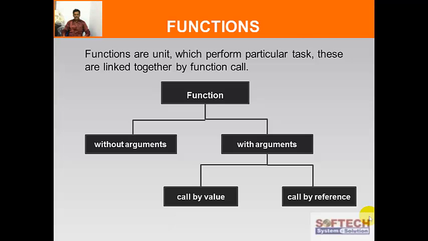Value means we pass the value. Reference means we pass the address. We will learn about the address later, then we will pass the reference. So functions are majorly categorized into function without argument and function with arguments, and function with argument is further classified into call by value and call by reference.